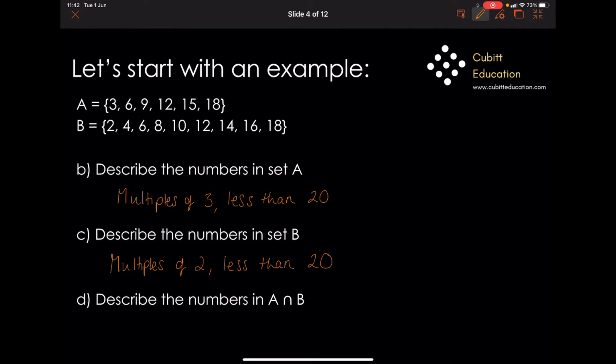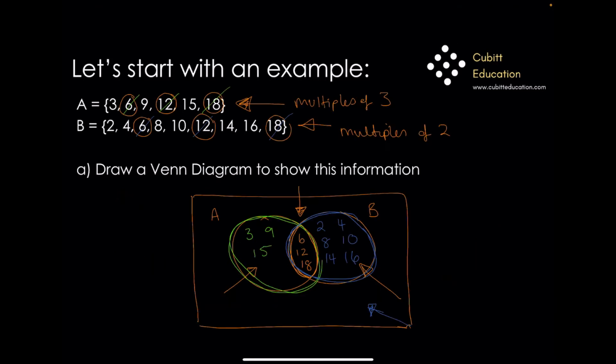And then this next question says describe the numbers in A and then this funny symbol here, B. This funny symbol that looks a bit like an N means intersect. And that means, within your two circles within your Venn diagram, what is in this middle section? So if we go back to our previous slide, we can see in that middle section we have 6, 12 and 18.